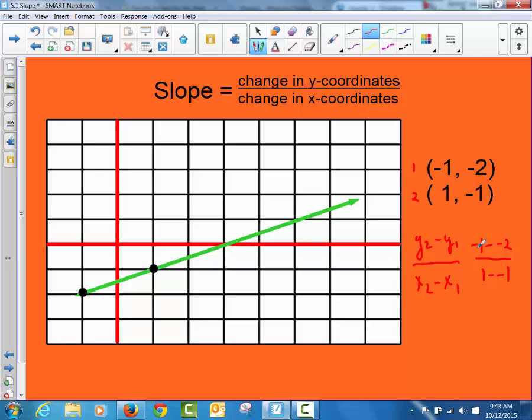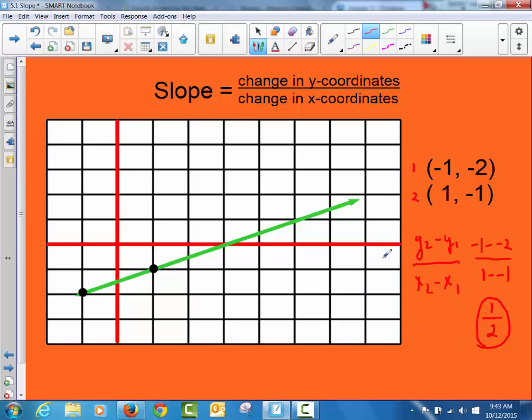So let's solve this. This is -1 plus 2, because minus minus makes plus. So that gives us 1 over, and 1 minus a -1 gives you 2. So our slope is 1/2.